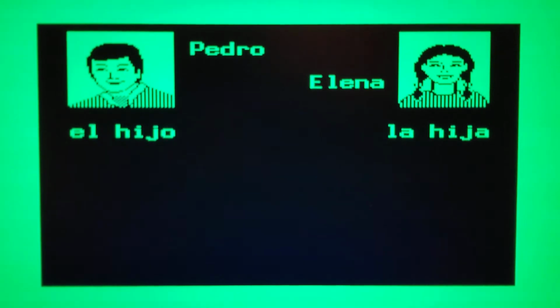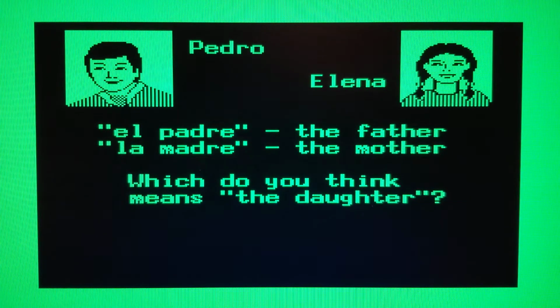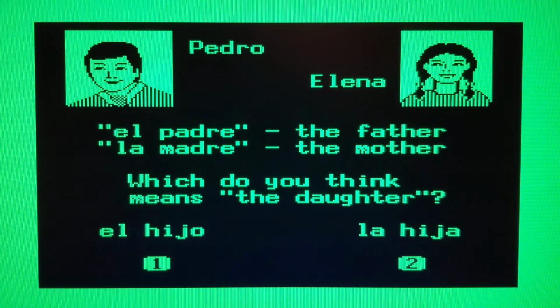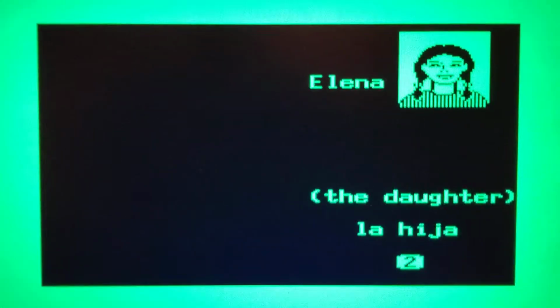Their children, Pedro and Elena, are el hijo and la hija. Remembering that el padre is the father and la madre is the mother, which do you think means the daughter? Verdad.